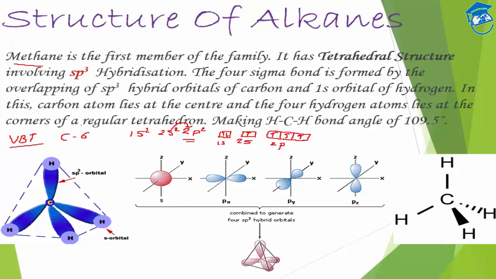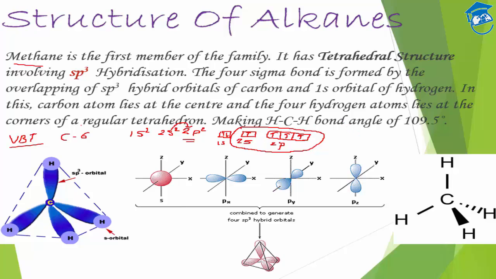But what we observe is that all the CH bonds in methane are of the same length. This is only possible when all these 4 are equivalent, and this can happen only when they get hybridized and form a hybrid orbital.